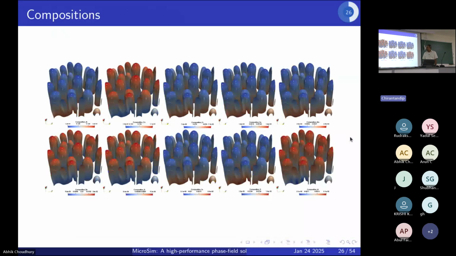So here are the segregation patterns with the morphological features for all the 10 species that are calculated. And so this is again very rare. You do not have all of them taken into account: aluminum, cobalt, chromium, iron, tungsten, silicon, and everything you see there. Rhenium.